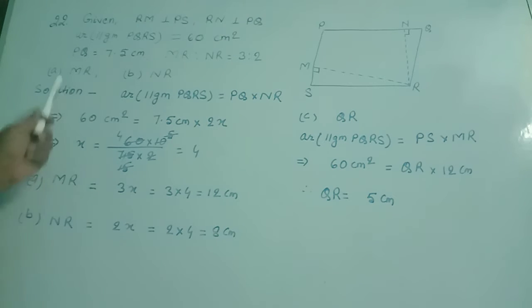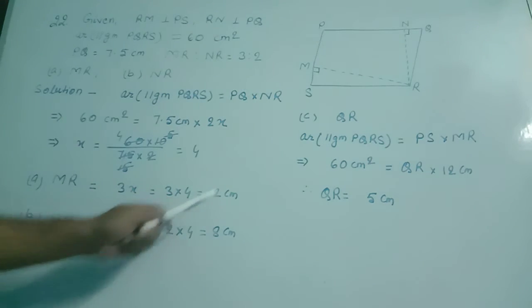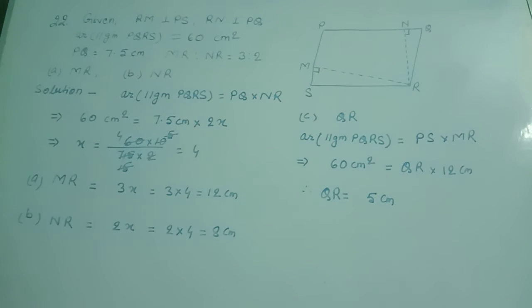Now we can find out MR and NR. Since MR equal to 3x, so 3 into 4 equal to 12 centimeter, and NR is 2x, so 2 into 4 equal to 8 centimeter. The next part is QR.